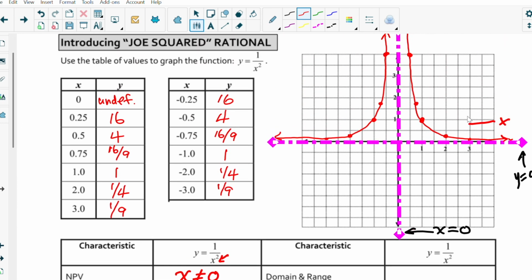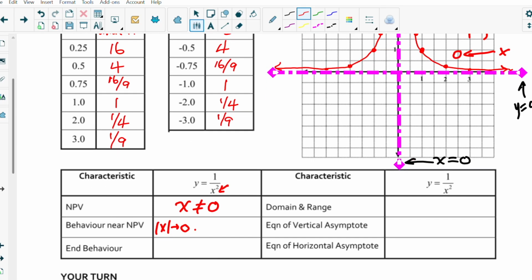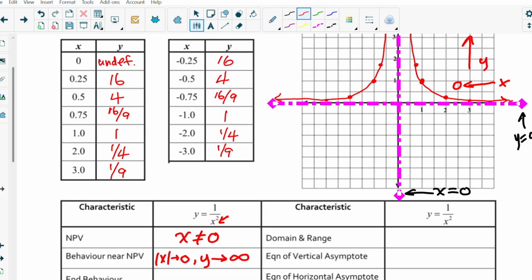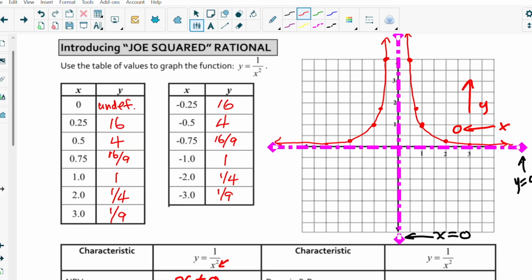The y value approaches infinity. So that's the way to think about behavior near the non-permissible value.